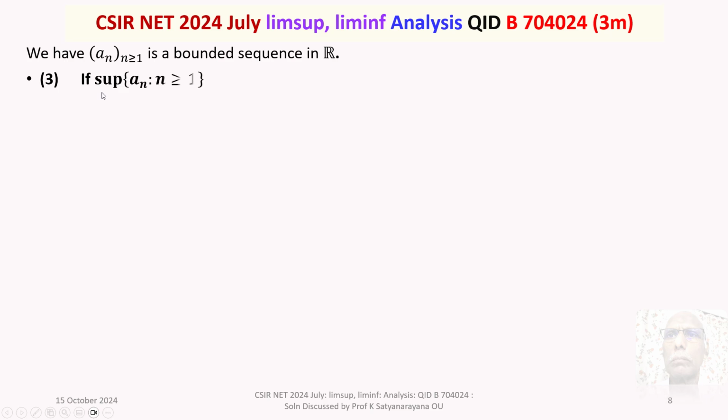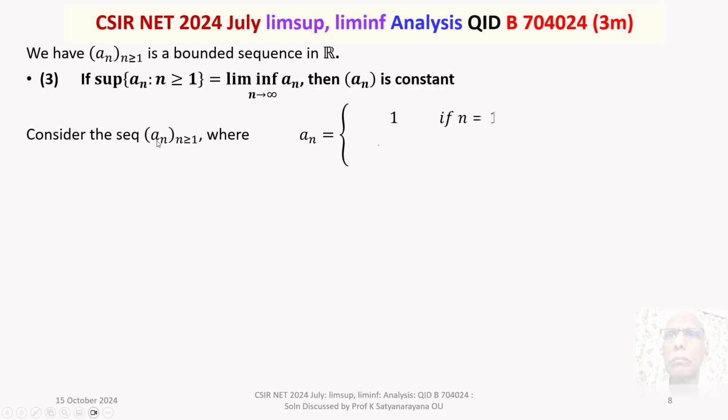Option 3. If supremum of a_n is equal to limit inferior of a_n, then the sequence a_n is constant. Is it so? Not necessarily. For this, we consider the sequence n greater than or equal to 1, where a_n is equal to 1 when n is 1, and a_n is equal to 1 minus 1 by 2 to the power of n minus 1 when n belongs to N minus the singleton 1.